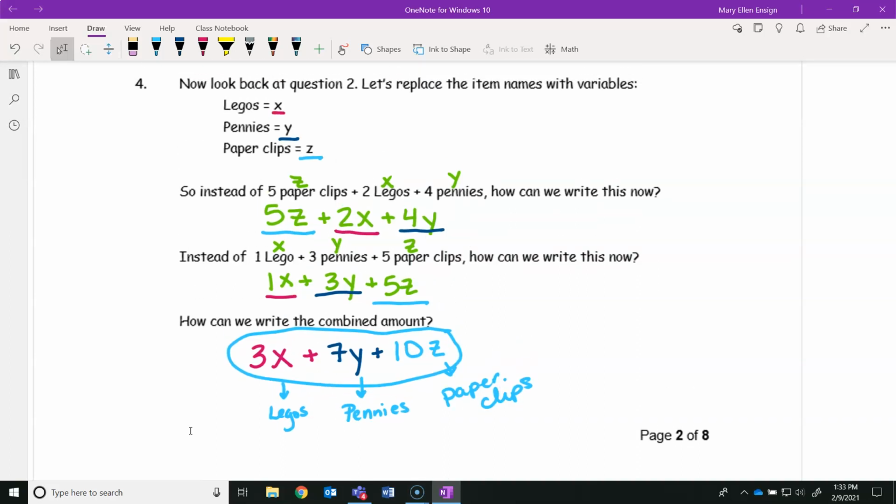They stand in the place of a larger description, whether that's Legos or pennies or how much a hot dog costs or the length of the room, whatever it is, that's what X, Y, and Z stand for, okay? They're not this magical thing. It's just a letter, like a label that stands for something big that we're not going to write out all the time.